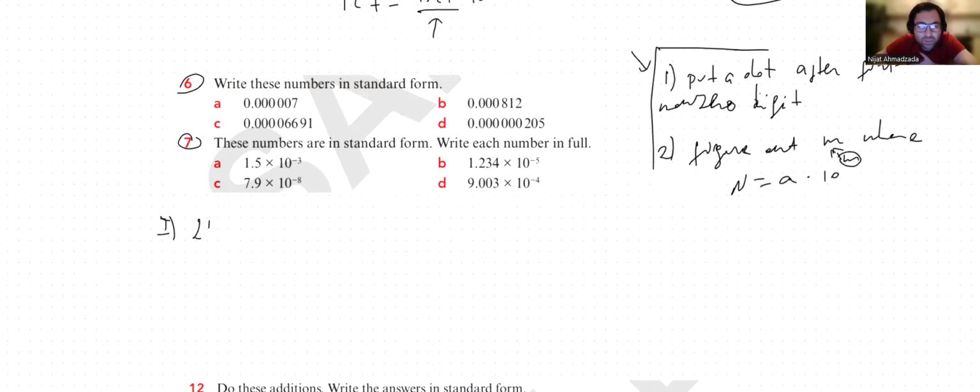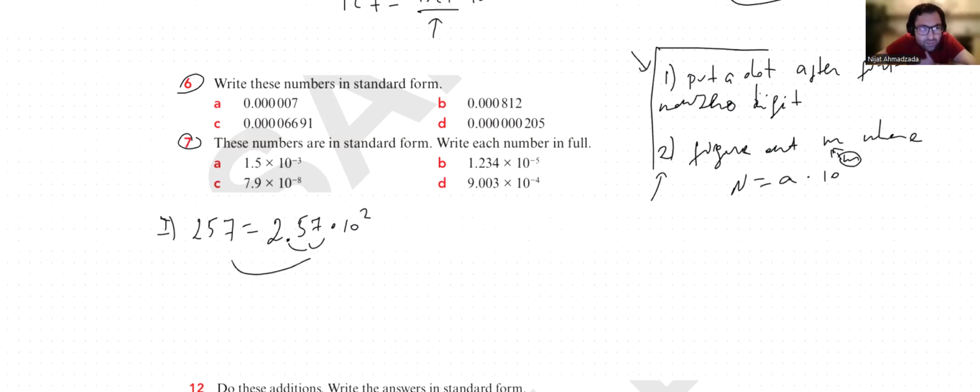We put a dot after the first non-zero digit, 2.57, times 10 to the power of something. Now we have to figure out m. We see that we lack two more steps, so 10 to the power of 2. 2.57 times 100 will give you this one.